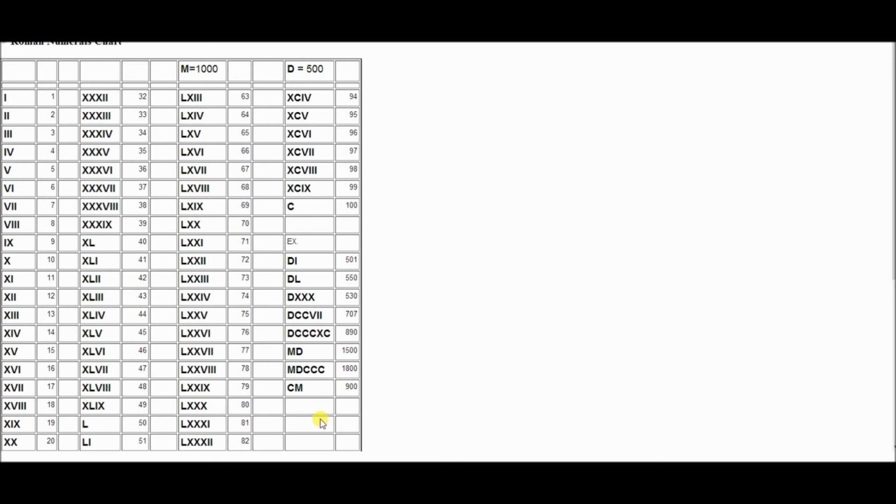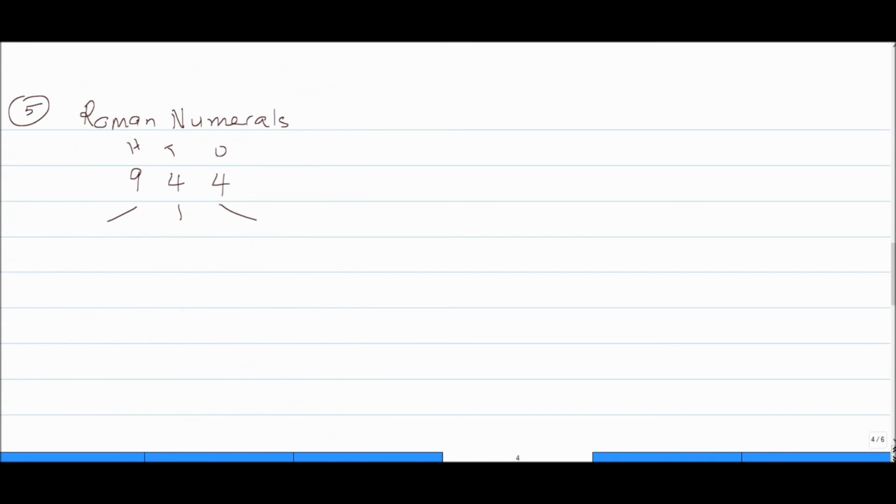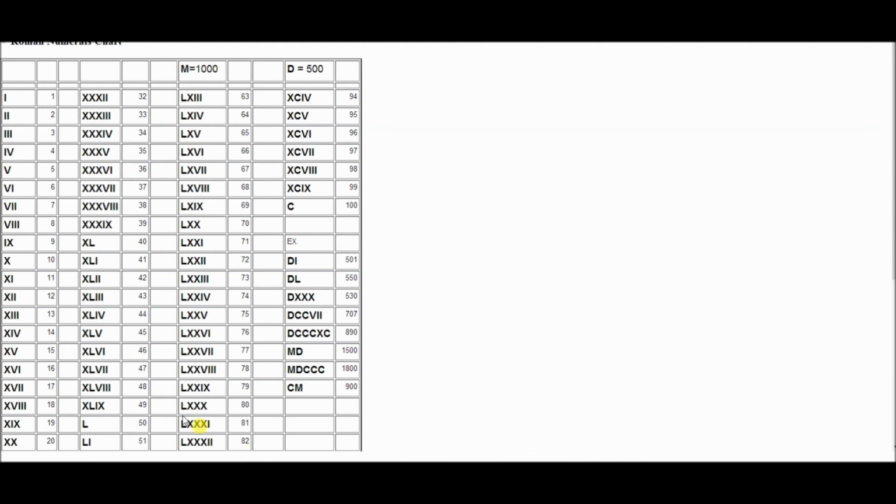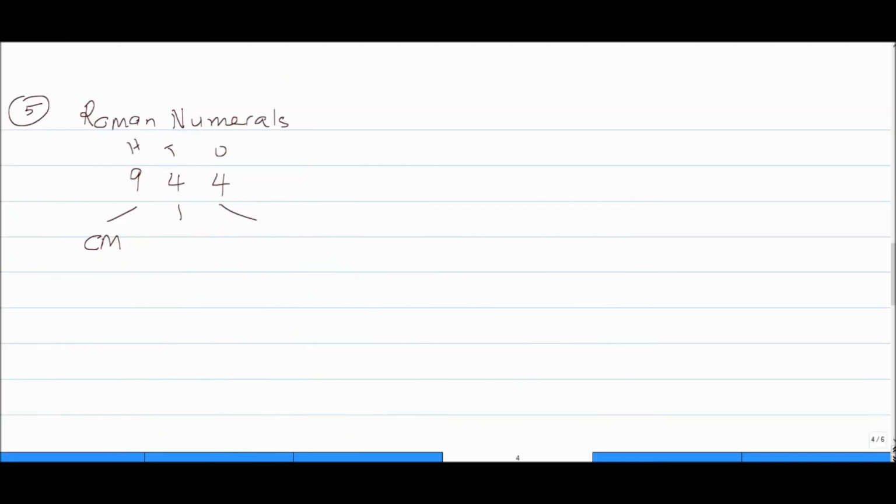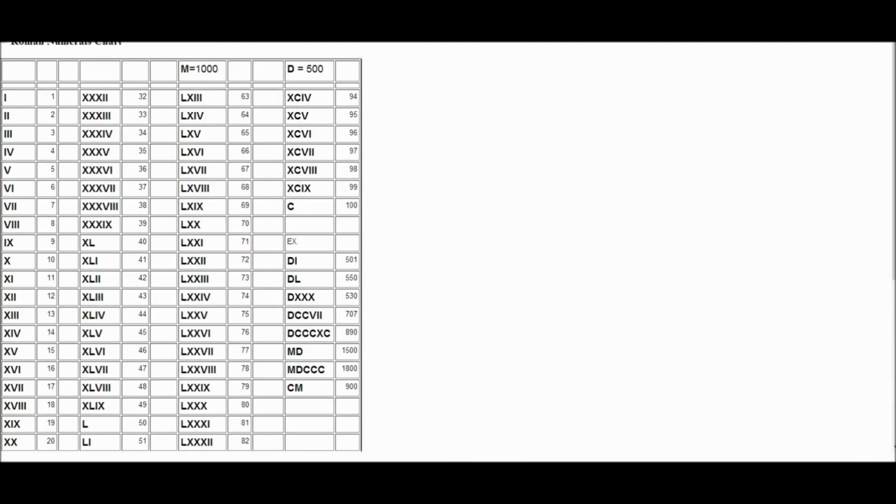So let's first start with our 900. 900 is represented by CM. Okay, so our 900 would be CM. Let's look at what represents 40. So for 40, we have XL. Okay, so let's put in our XL for 40. And for 4, we have IV.